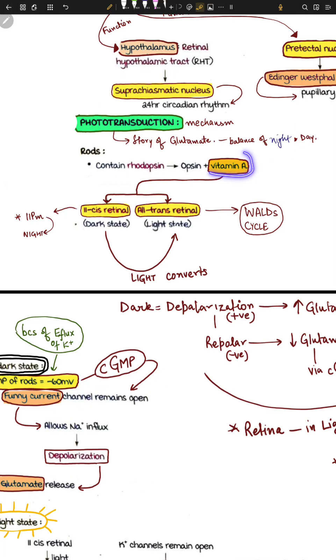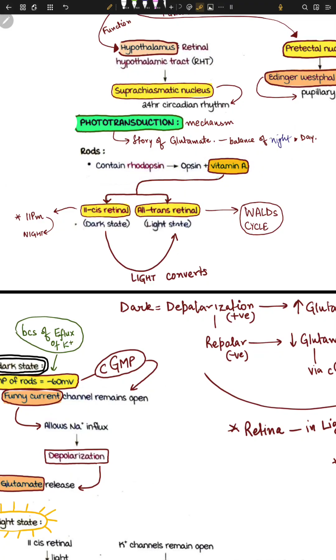When you have deficiency of vitamin A, your rods are not working properly, and then you will end up not being able to see in the night, because rods are primarily important for night vision. Rods are more in number and you need more receptors for night because you have less light in night.